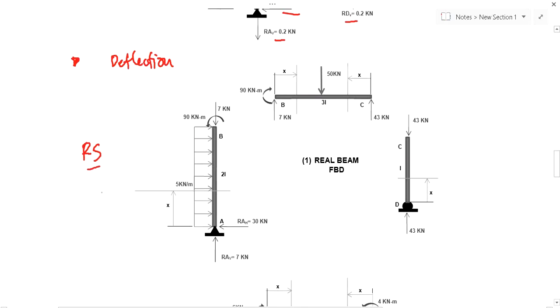Pagka frame, we have to separate our segments of frames into beams. So we have AB, BC, CD. Of course, we have to take yung na-solve natin kanina na reaction. Ito yung mga na-solve natin na reaction kanina, so meron pa rin yan. And of course, yung given load, meron pa rin yan. Ito yung mga given load.